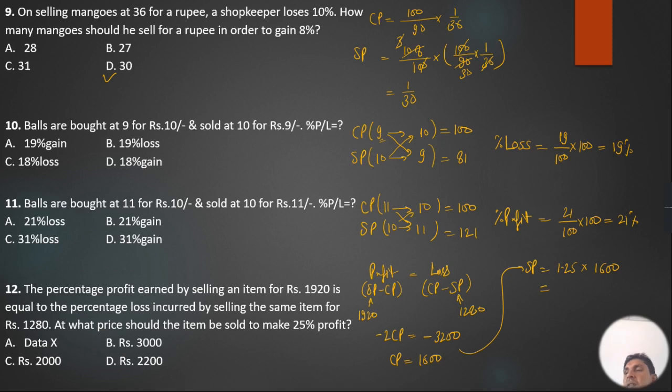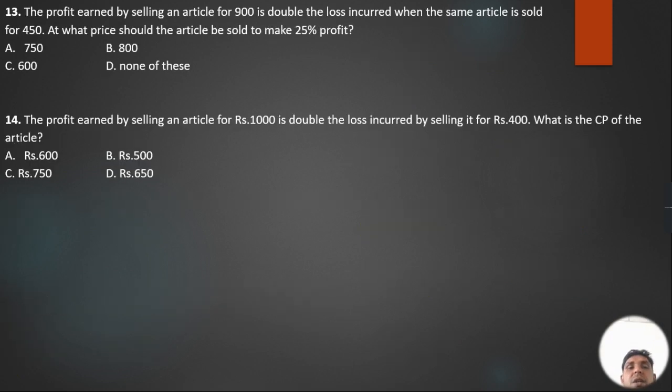If we solve this, the multiplication of 1.25 and 1600 gives 2000. So students, the answer of this question will be 2000, that is option number C. I hope the question is clear, the concept is clear.